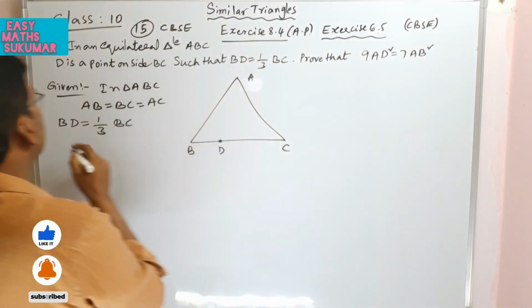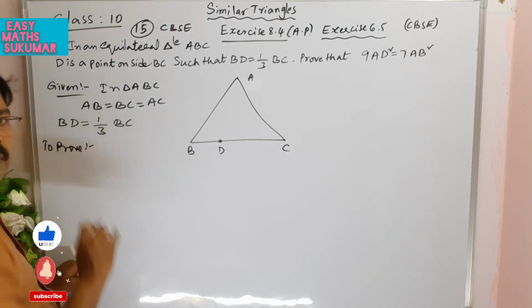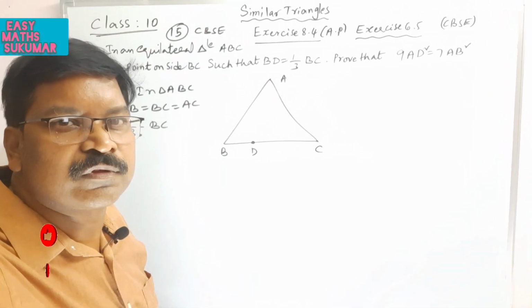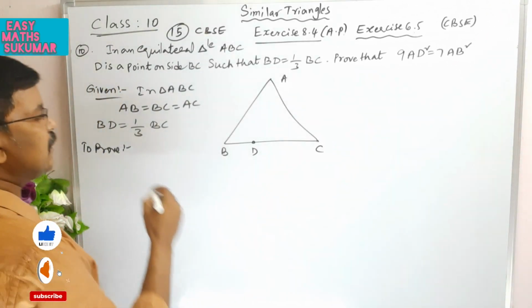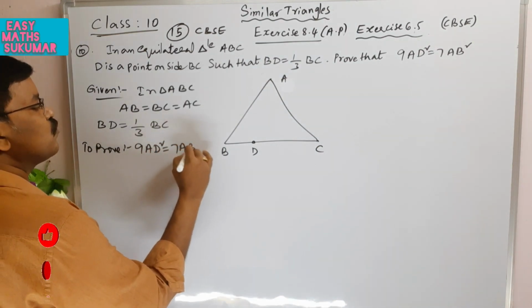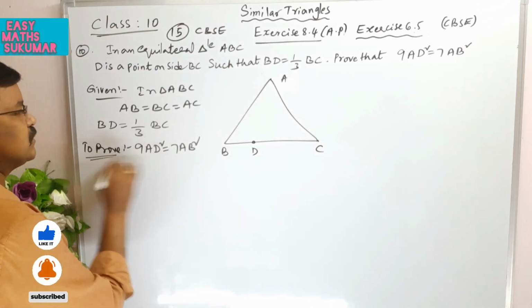Prove that 9AD square is equal to 7 times AB square.